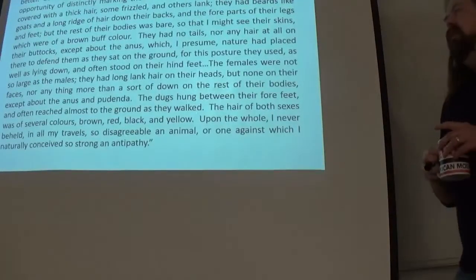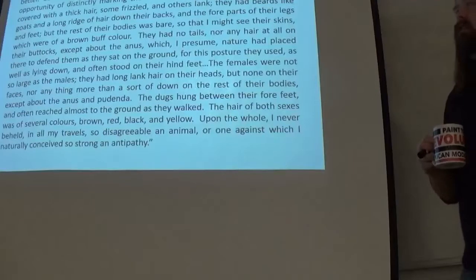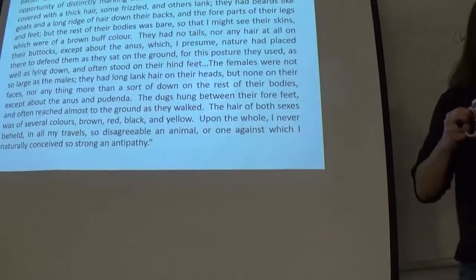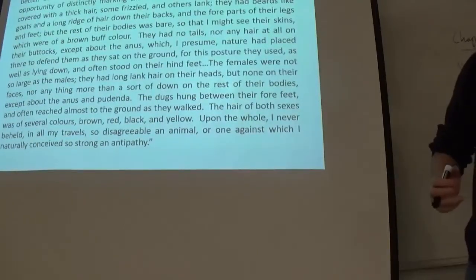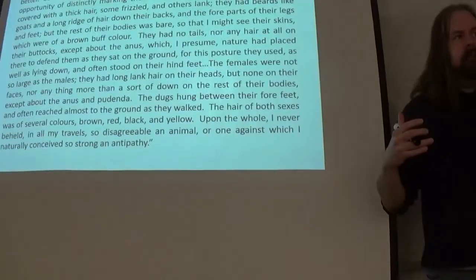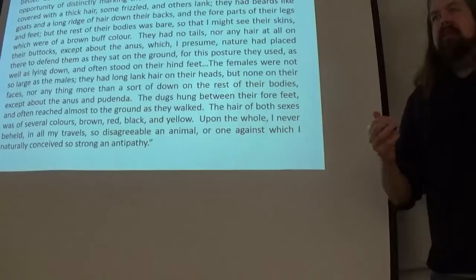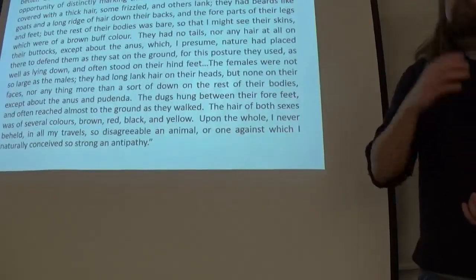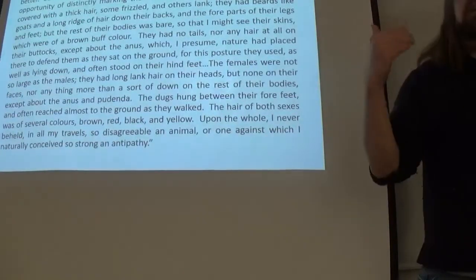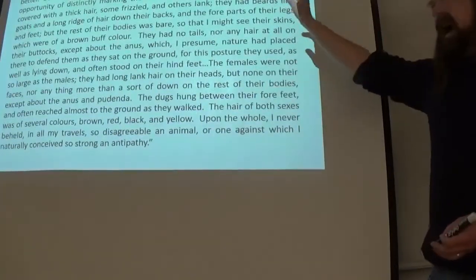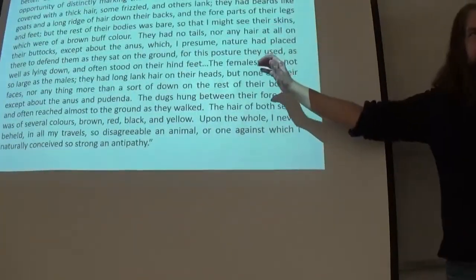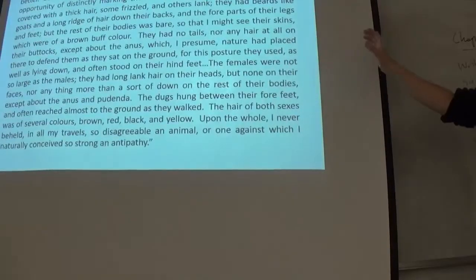So what Swift has done here is he's taken a familiar object, the human body, and by describing it in unfamiliar terms, he forces us to rely on context clues in order to figure out what it is he's talking about, right?